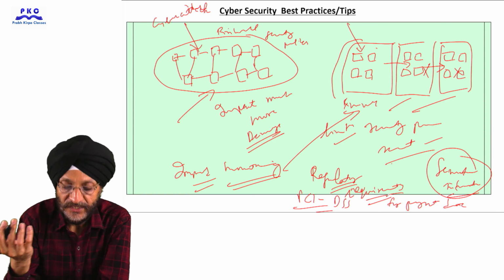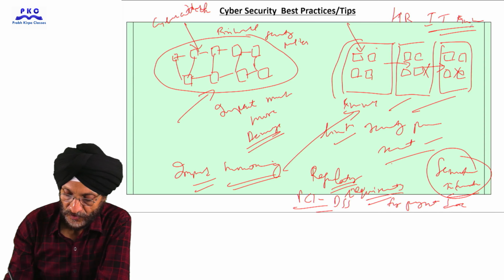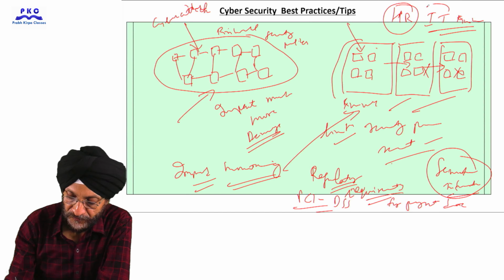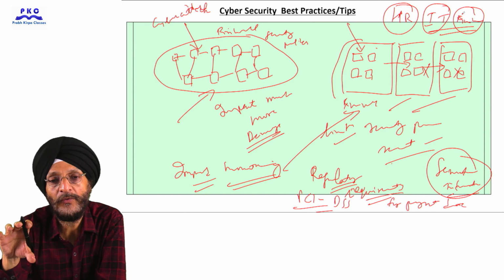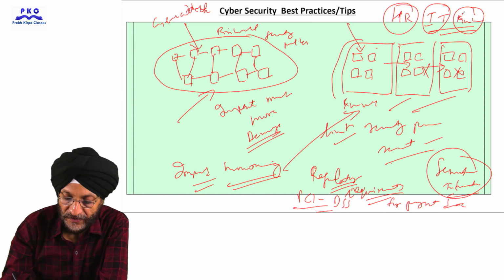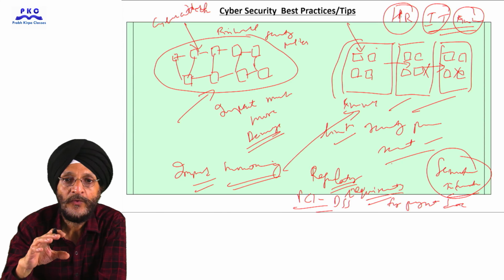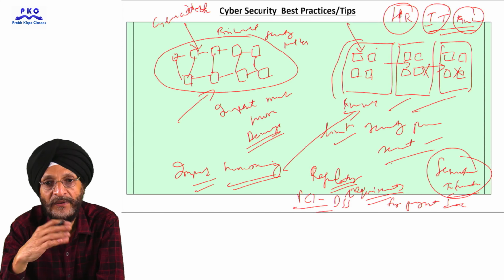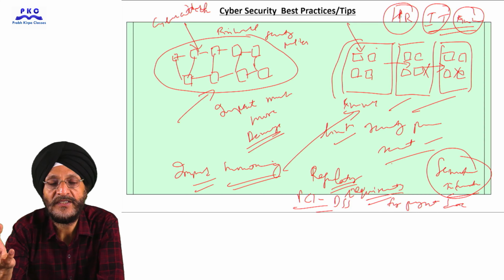In an organization, we may have separate departments such as HR, IT, finance. So we can have separate segments from the point of view of cybersecurity. For all these different segments, we can have separate firewalls, security practices, and strict access controls.